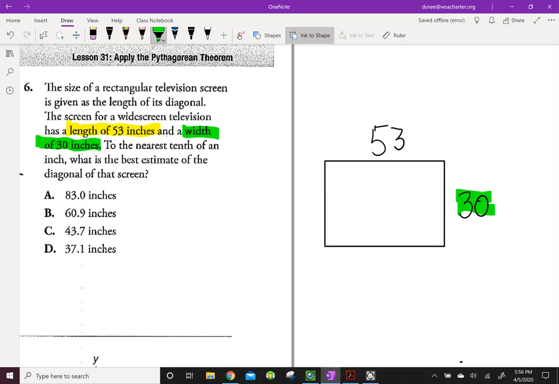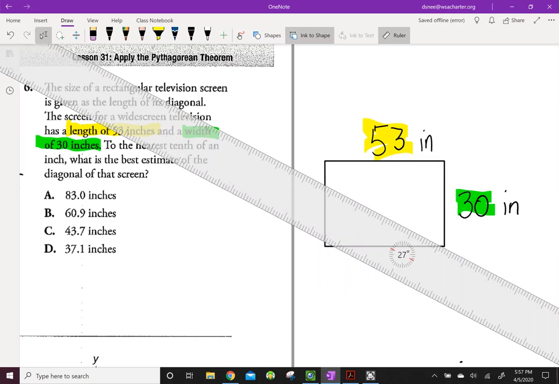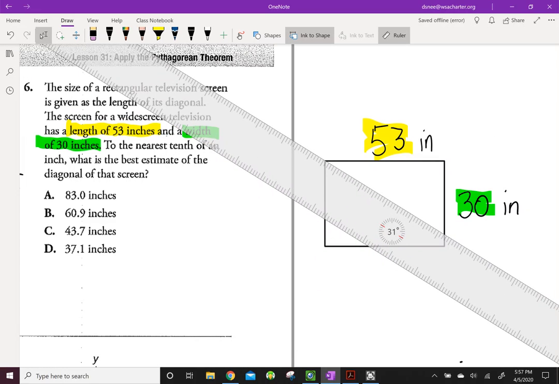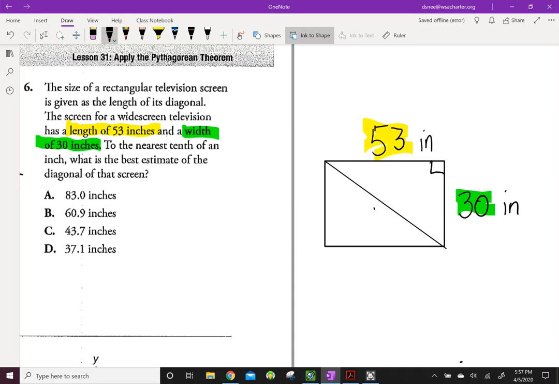So my width is 30 and my length is 53. Okay, now I'm trying to find the length of the diagonal from corner to corner. So I'm gonna just draw a line right here from corner to corner, giving myself two legs, A and B, that are opposite of this right angle right here. Okay, and I'm going to call that side C.